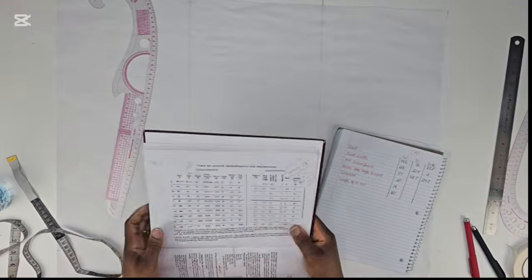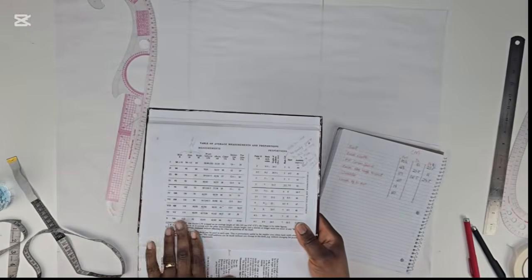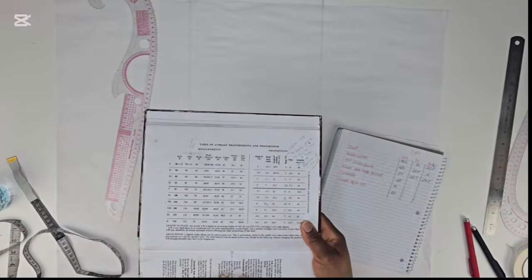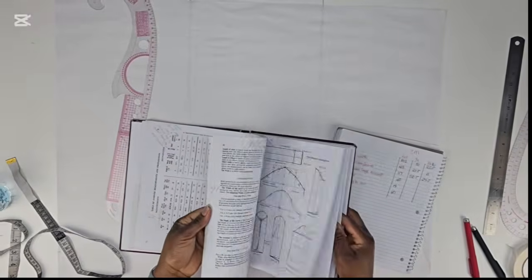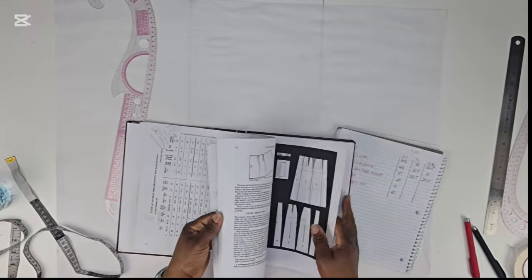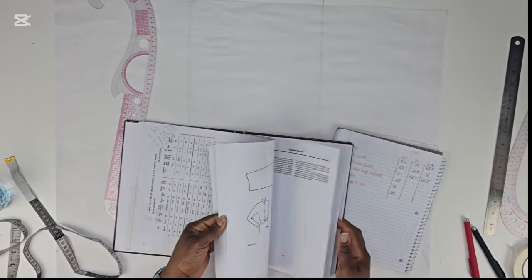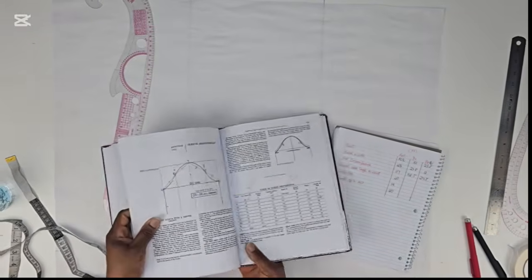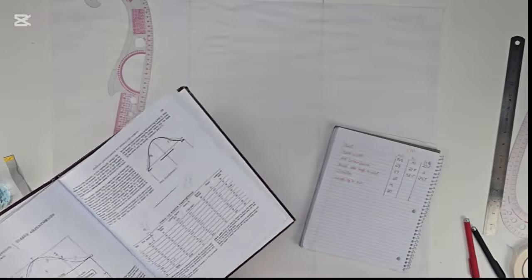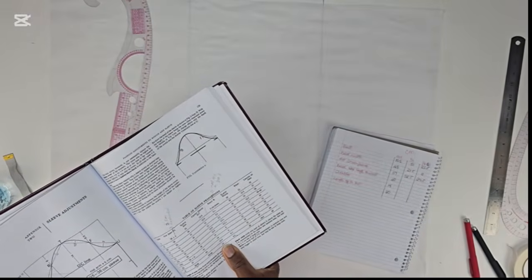So, and like I explained earlier, to draft for bigger bust sizes, read this. It will guide you through. And then after you've read this, there is a table here. One second. Towards the back somewhere now. Yeah. So this table would help you with drafting the sleeve for that individual.